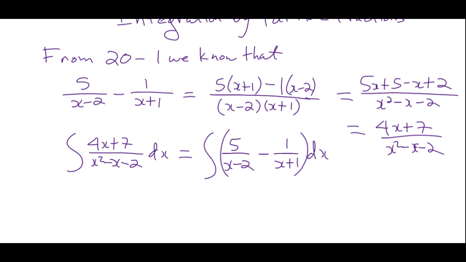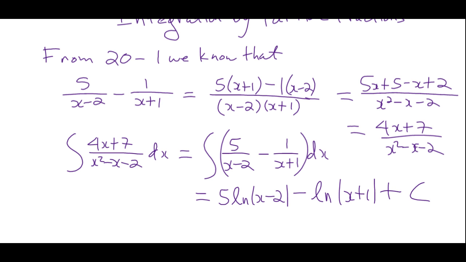Well, we could do this integral. It's 5 ln of the absolute value of x minus 2, minus ln of x plus 1, plus c. So what we want to do is work backwards from this.